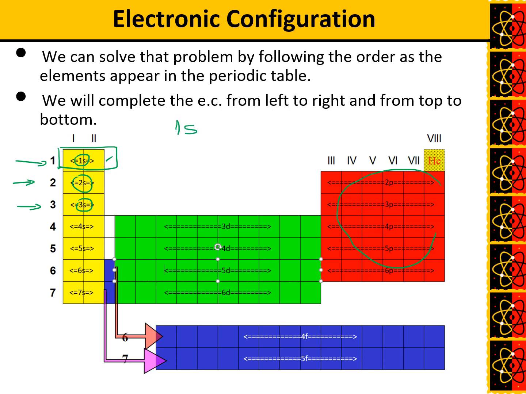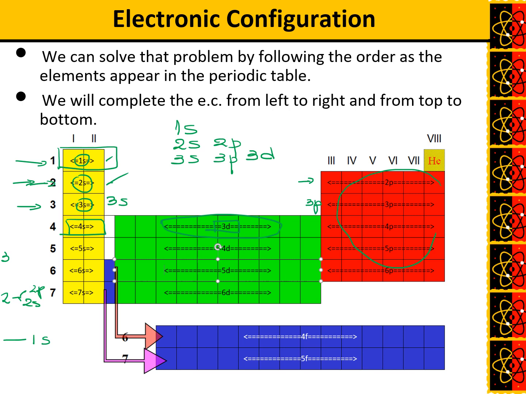In the second layer, we have the 2S here and also this one, the 2P. In the third layer, we have the 3S and the 3P, and then I am going to have this one, which is the 3D. But you can see that these numbers are not the same. Do you see that this is 4 and this is 3D? That is because of the overlapping that we saw in the layer before. Because when we talk about the layers, we said that the first layer is 1S, the second layer has 2S and 2P.